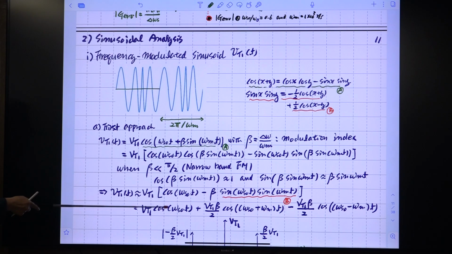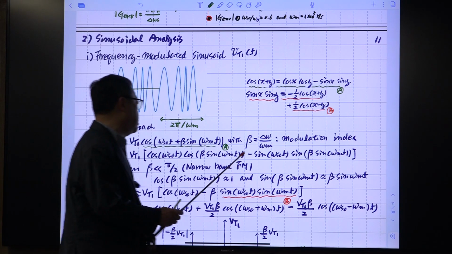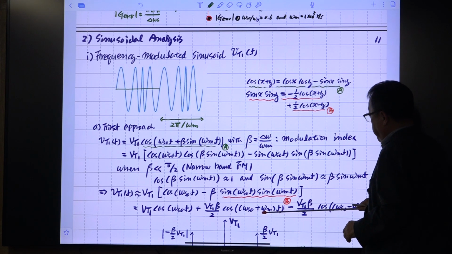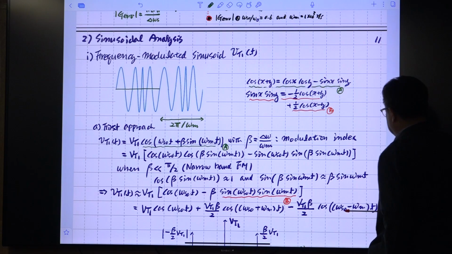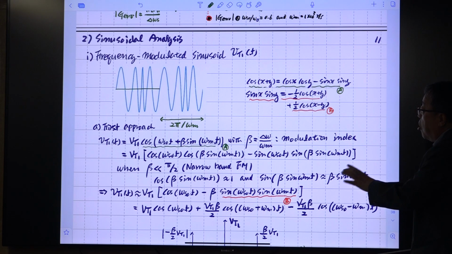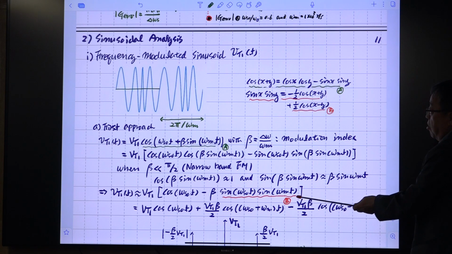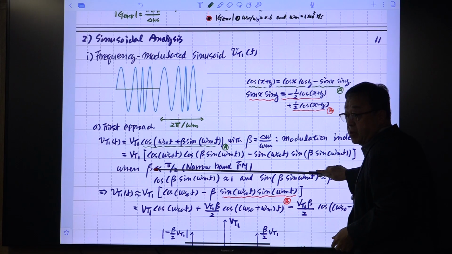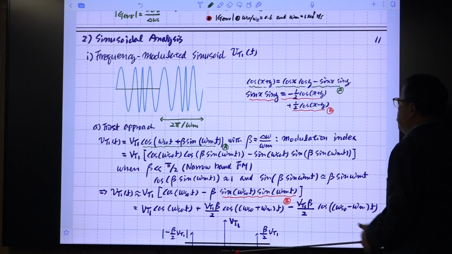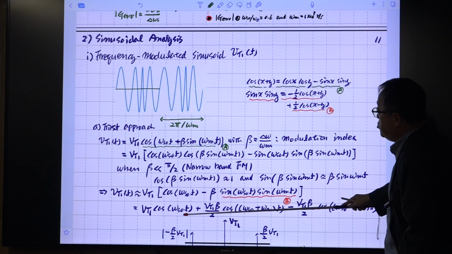This stands alone, and this term is split into two terms. One frequency is omega SO plus omega M. The other one is omega SO minus omega M. So only three terms are important here because of this approximation. Right? So we need to consider only three components.